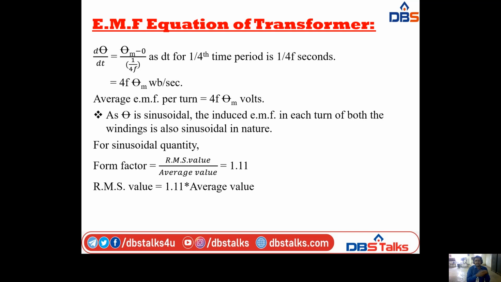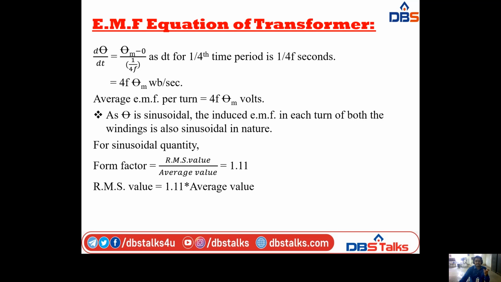From this I am writing 4 into f into phi m. So d phi by dt is equal to 4 f phi m, and the average EMF per turn is equal to 4 f phi m volts. Flux change is Weber per second, and the average EMF per turn is in volts.